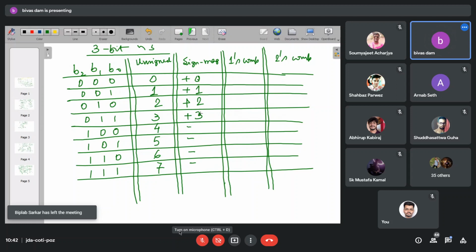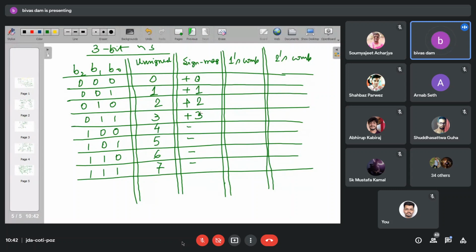Then, as the number is negative, the magnitude cannot be directly obtained. To find the magnitude, I take the 1's complement, the bit by bit complementation of the whole pattern. Remember, I am not complementing only the magnitude bits, but the complete pattern.